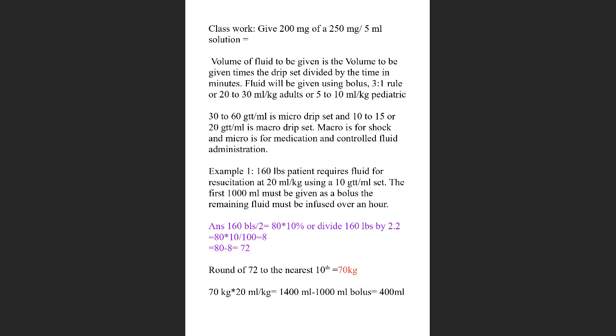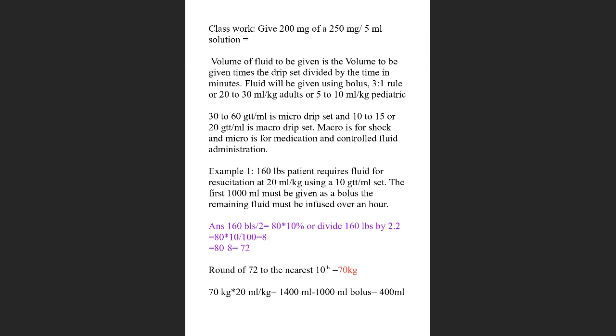Now, micro drip set is used for controlled volume infusion. So when we're doing controlled volume infusion, it's micro drip set. Or if you need to keep a vein open, you can use a micro drip set. Can do it with a macro too, but yeah. The macro drip set is used for shock or fluid resuscitation, right?